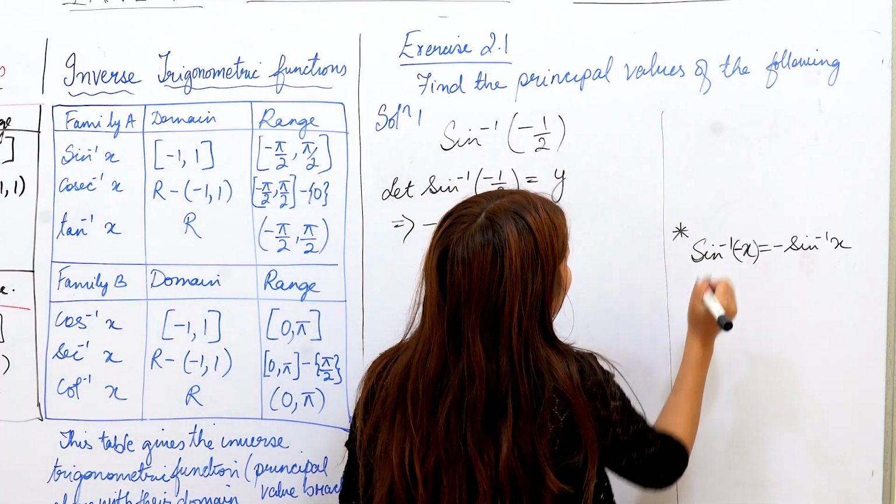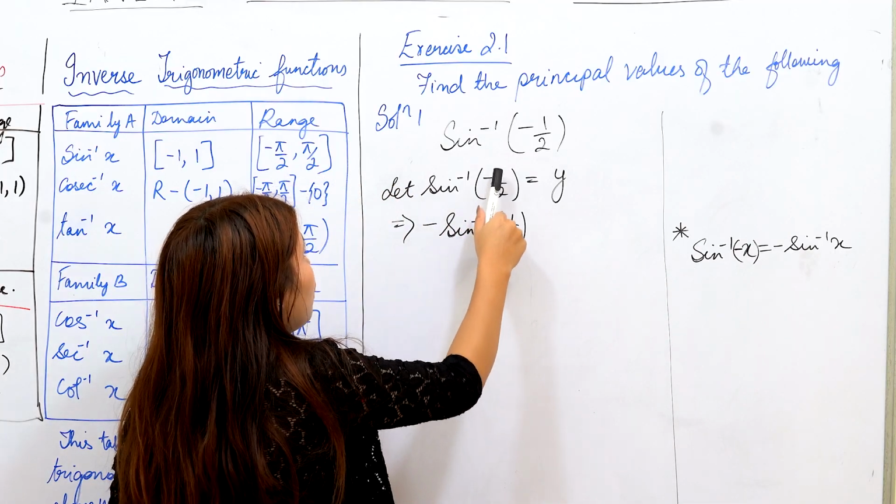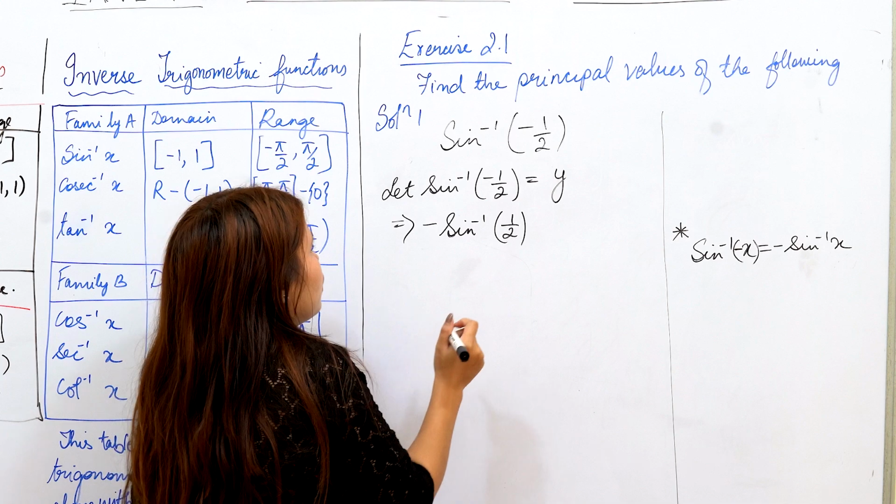Apply the formula: sine inverse of minus x is equal to minus sine inverse x. So sine inverse of minus 1 by 2 equals minus sine inverse of 1 by 2.